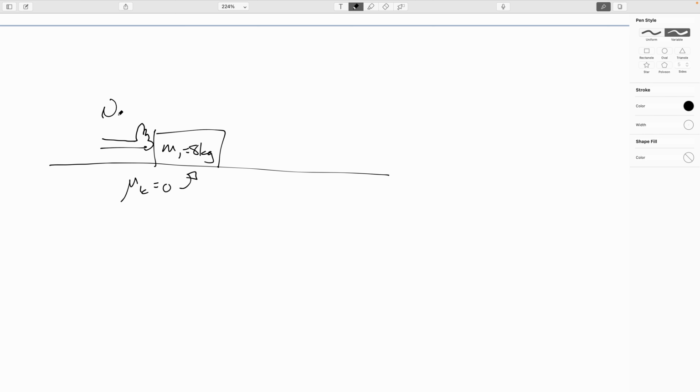So that's a normal force of my push, and I want to know how hard I'm going to push. And I have a smaller block right here, mass of 2 kilograms. We'll call it M2. And there is friction here, so our coefficient of static friction is 0.5, just to make the numbers nice and easy. I want to know: what is the minimum value?